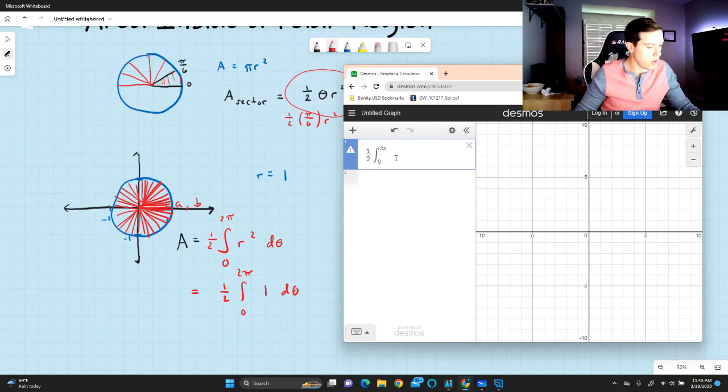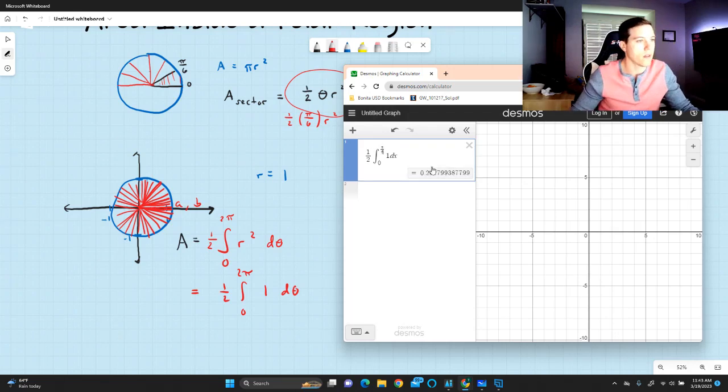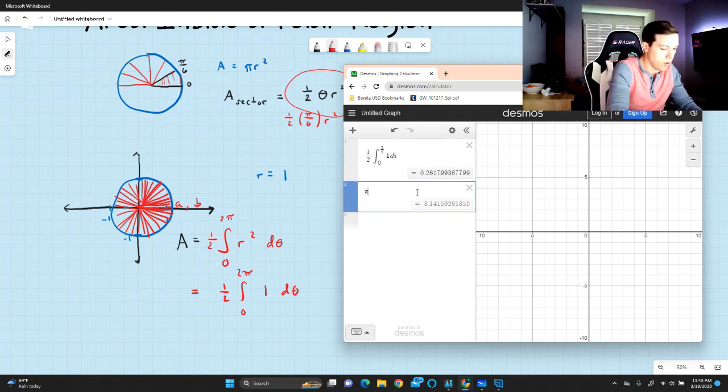We're just accumulating 1 d theta or dx. It actually doesn't matter what language you use here. And we got pi. So the area of the circle really is pi. So just like the previous one, if I wanted to find the area of the sector, you would do pi over 6. And I think that is the same as pi over 12.